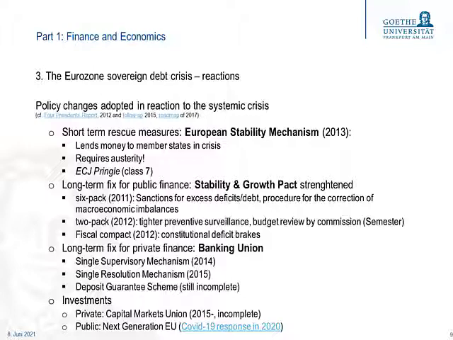Of course, that is somehow punitive because it requires austerity of them. So it requires them to adopt a program of policy reform, a so-called structural adjustment program, and the conditions they have to subscribe to are negotiated between the Commission and the country. The conditions might be more or less beneficial, let's put it like that.